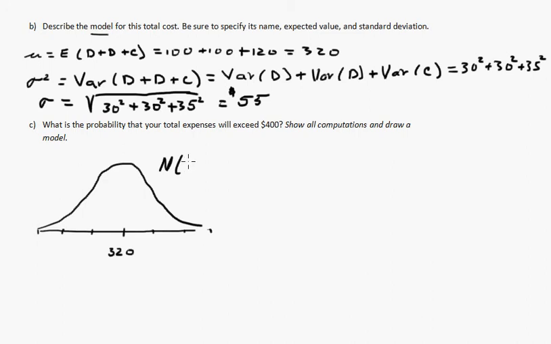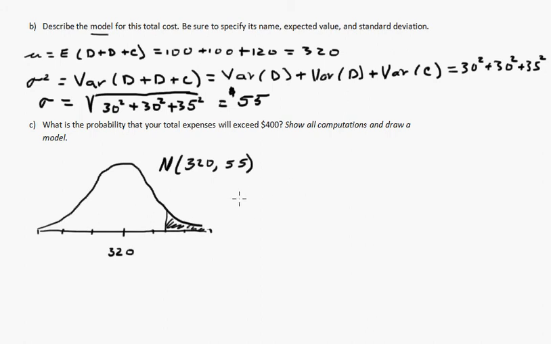So I use the notation 320 with a standard deviation of 55. Okay, so let's see. 400. They want to know what's the probability that these 2 dogs and a cat, their medical expenses will be more than 400. This is going to be about 375 right here, so it's going to be right around here somewhere. It's this area that we want to compute.